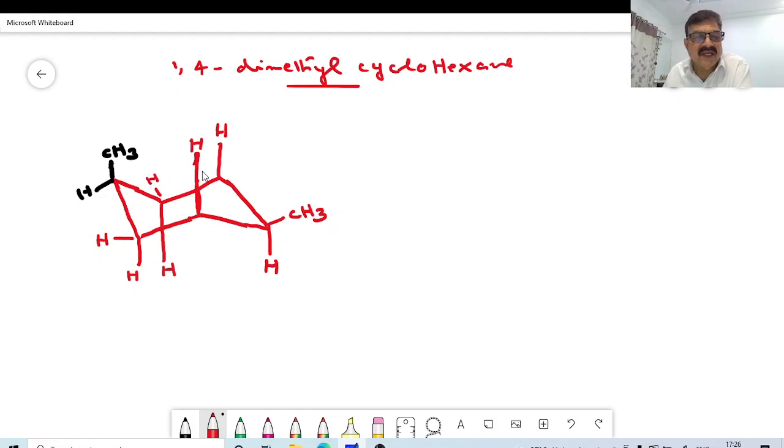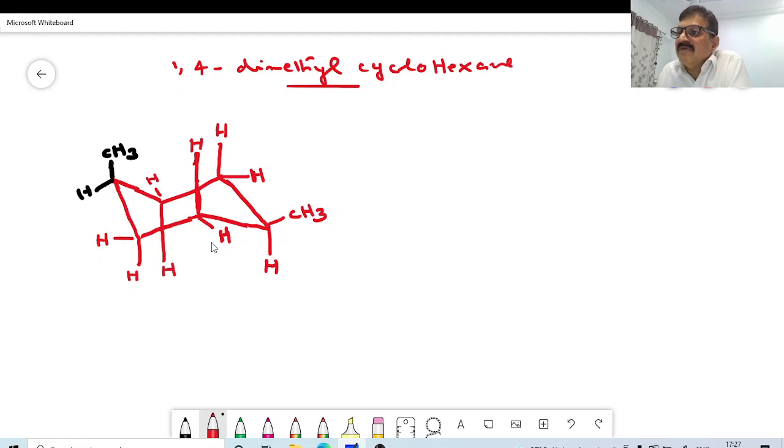One hydrogen like this, axial again. Then there will be an equatorial hydrogen here. I think we have drawn most of the groups now for 1,4-dimethyl cyclohexane.